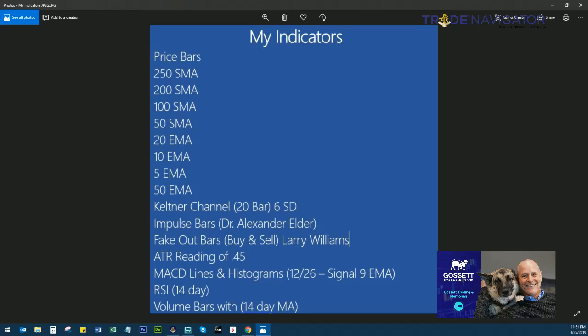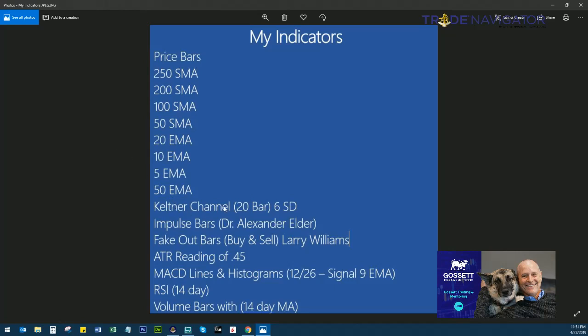That's an exponential moving average, and the difference between an exponential and a simple is that the exponential gives more weight to the more recent prices. So 20-day EMA, we have a 10-day EMA, a 5-day EMA, and then we also have a 50-day EMA. Now, we do have a 50 SMA up here as well, but there is a reason that I have it on there, and I'll show you that a little later.